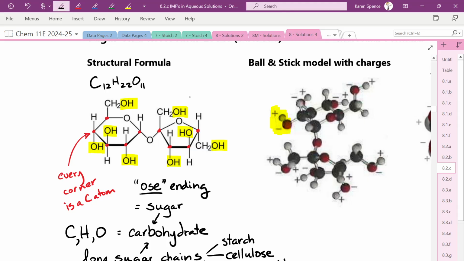O is much more electronegative than H. So what that means is that that bond is going to be polar.